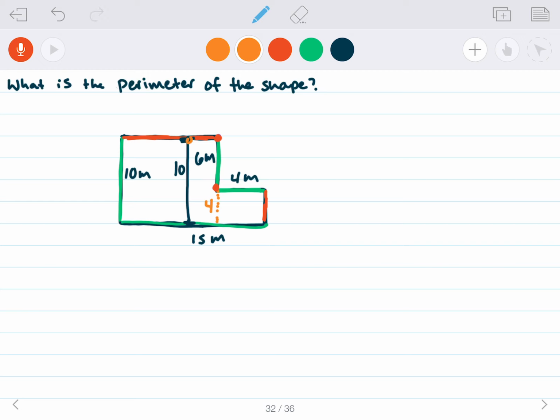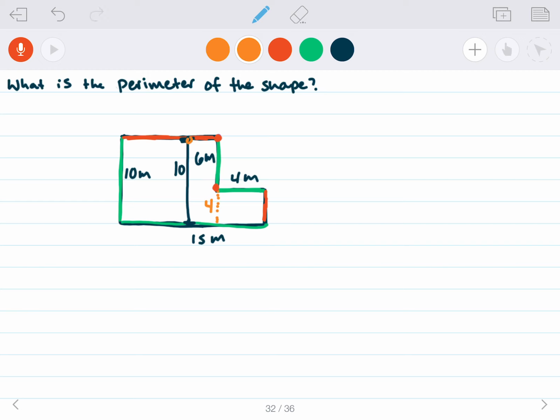We were given from this point to this point is 6. And for this to add up to 10 from top to bottom, this point has to be 4. From here to here is 4. From here to here is 6. Altogether it makes 10. So that point's 4, so we have that covered. This guy is going to be 4 meters. And I'm going to change him to green since we just figured him out.